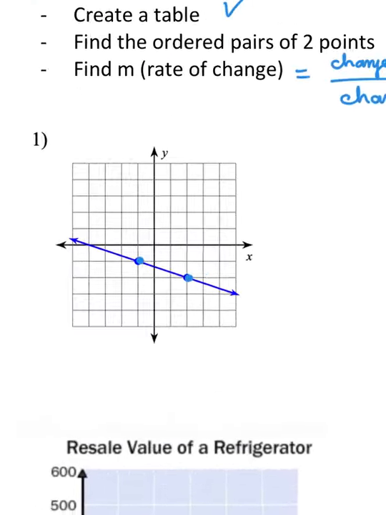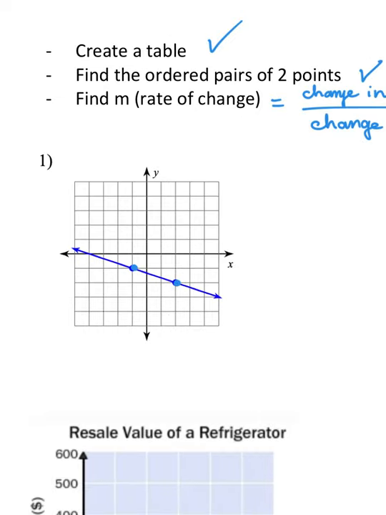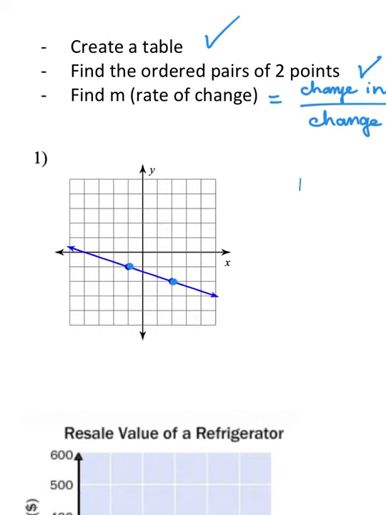Number 1. They're giving you the graph, they don't give you the table, so you're going to make a table. My first point right here: x is -1 and y is also -1. The left side is always negative. The right side is always positive.